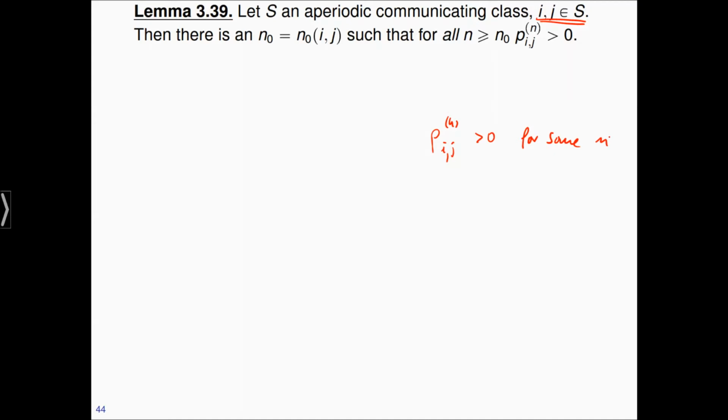And since you can also get back from j to i, there is not only exactly one n such that this is positive, but again and again a few n's, and you can single out a sequence that tends to infinity such that Pijn is positive. What we want to show in this lemma is that this Pijn is positive for all n starting from some n0.